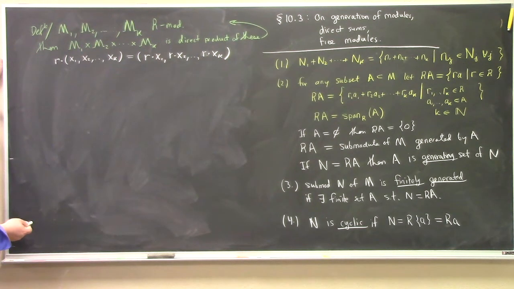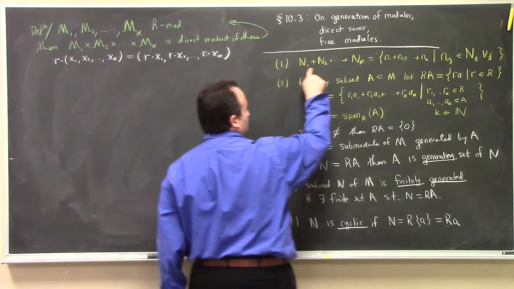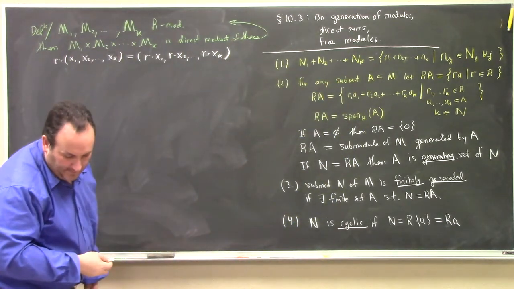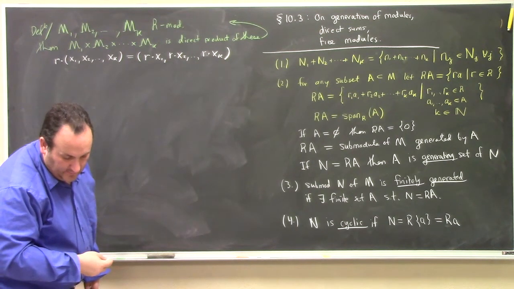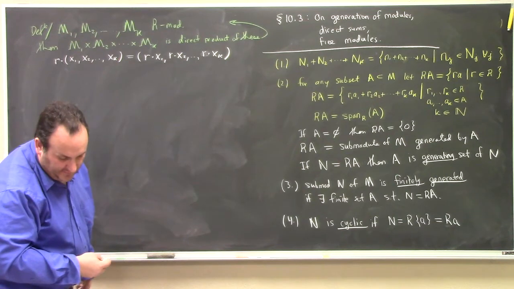So what's a direct sum? So this is just a sum right here. This is a sum of submodules. It's not necessarily direct, okay? So this is also sometimes called an external direct product.